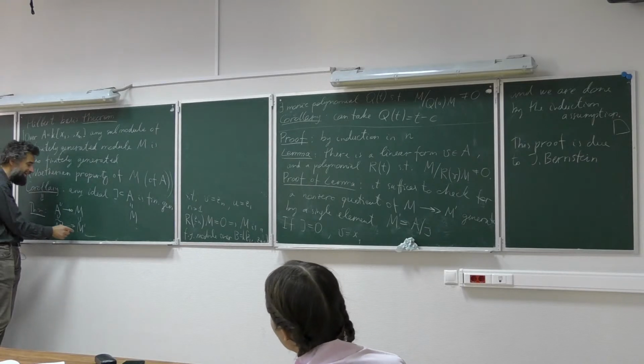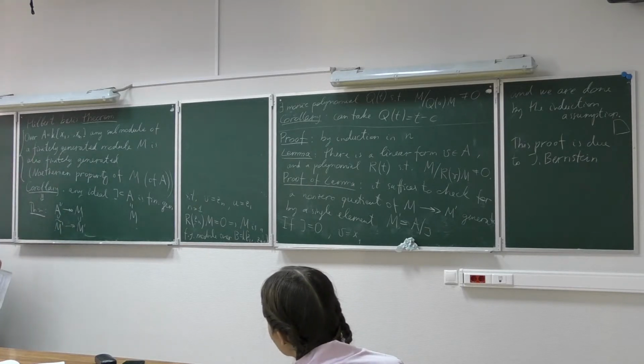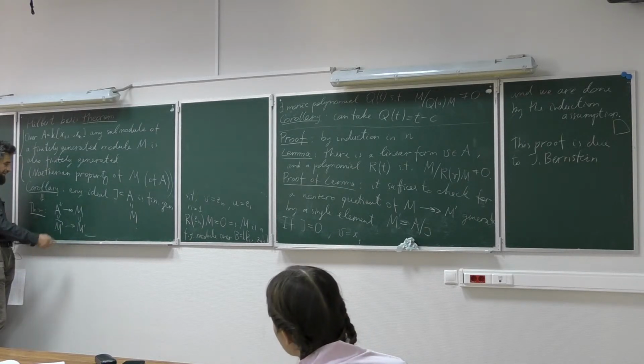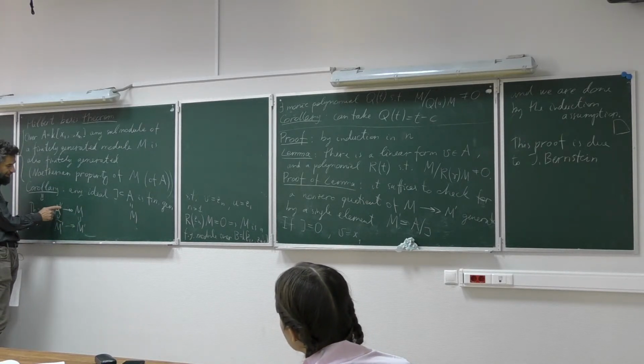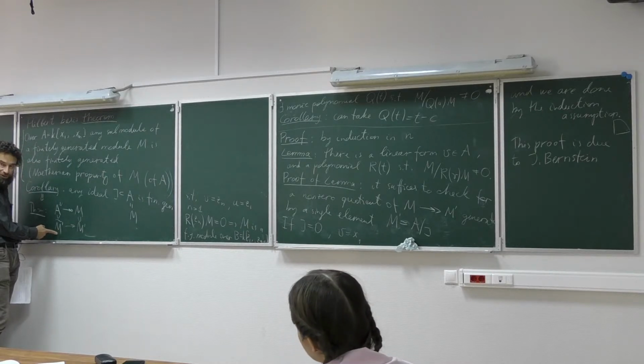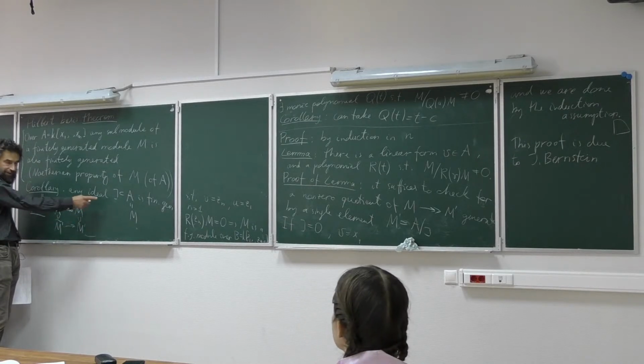That's sort of a hint how to prove this. We want to prove that any submodule of M is finitely generated, but you cover your M with a free module, and then you consider its pre-image. It suffices to prove that this one is finitely generated because this is a quotient. But then it's easy to deduce this from ideals.